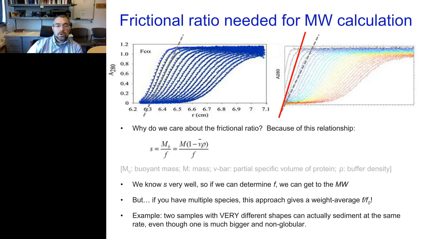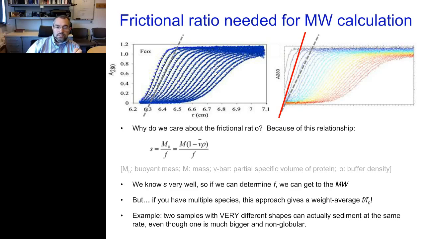But if we know S, which we will, and we can determine the frictional coefficient, then from those two, we can directly calculate this buoyant mass, m sub b, which is the actual mass times some correction terms, the v-bar and rho, which are the partial specific volume of the protein and the buffer density. So those are our parameters that we can get easily. So if we can accurately measure the frictional ratio, then that combined with our S value lets us estimate the mass reasonably well.